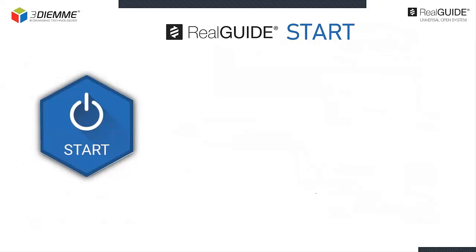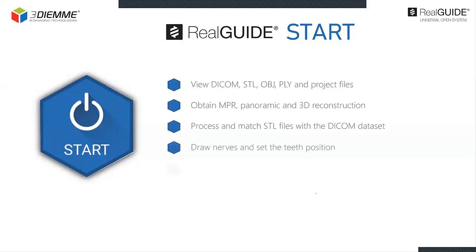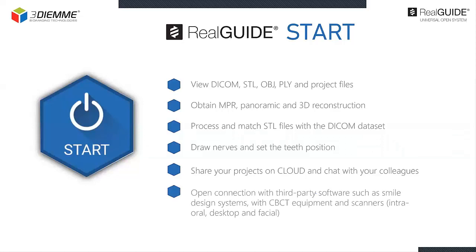The Start module is a free module for viewing and diagnosis, which can also be downloaded from our website, and which allows the following functions: view DICOM, STL, OBJ, PLY, and project files, obtain MPR, panoramic and 3D reconstruction, process and match STL files with the DICOM dataset, draw nerves and set the teeth position, share your projects on cloud and chat with your colleagues, and it has an open connection with third-party software such as my design system, with CBCT equipment and scanners: intraoral scanners, desktop scanners, and facial.